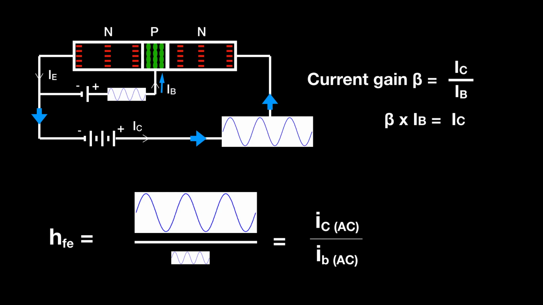There are only two really used, HFE, H forward emitter, and HRE, reverse emitter. But for us, HFE is the only one worth mentioning, and it's good enough to know that it's going to be, for all practical purposes, about the same as beta.